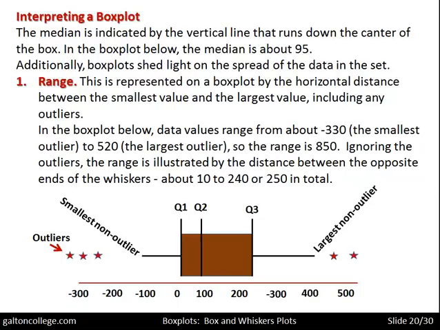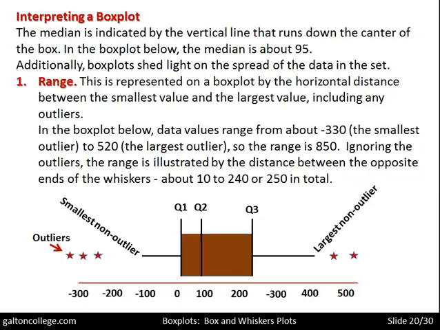Ignoring the outliers, the range is illustrated by the distance between the opposite ends of the whisker. About 10 to about 240. So if you look at Q1, if we draw Q1 down to the axis, it's lying slightly to the right of 0.